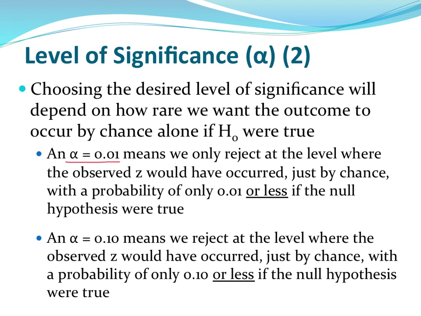If we want a less strict criteria, we might increase the alpha level to 0.10, meaning we reject at the level where the observed z and corresponding sample mean would have occurred just by chance with a probability of only 0.10 or less if the null hypothesis were true. The key thing is that it is the researcher's choice, although if the researcher chooses to deviate from the common choice of 0.05, it is worth providing the reason for doing so.